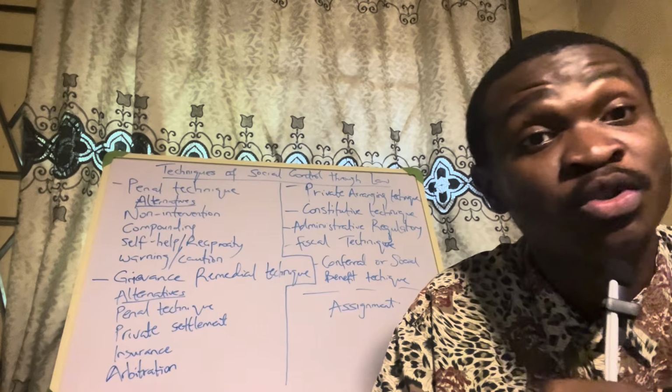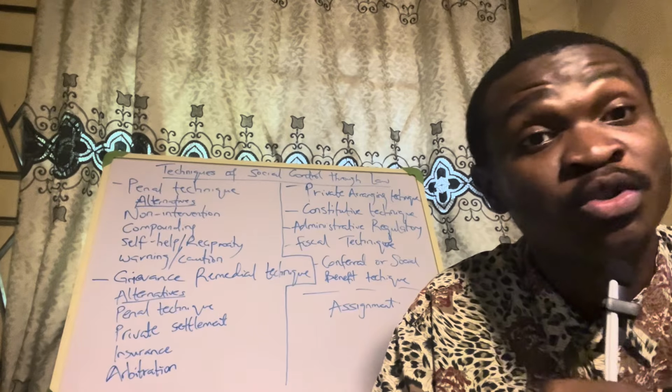Let us take, for example, even though we know that rape is an offense, so many societies have criminalized rape, but so many societies are still contemplating whether or not to criminalize homosexuality and lesbianism. Non-intervention. So if your country has not criminalized homosexuality and lesbianism, then if you engage in them, nothing will happen.